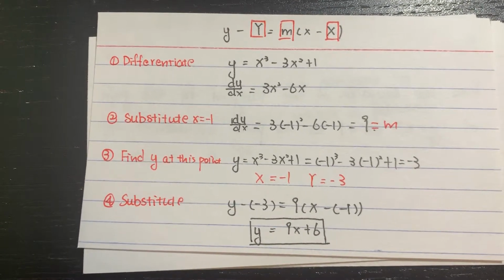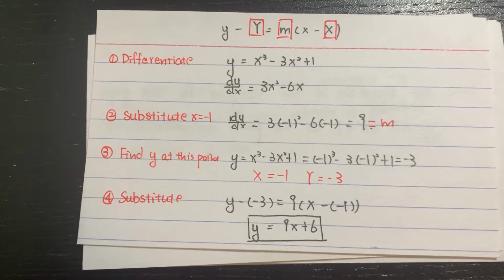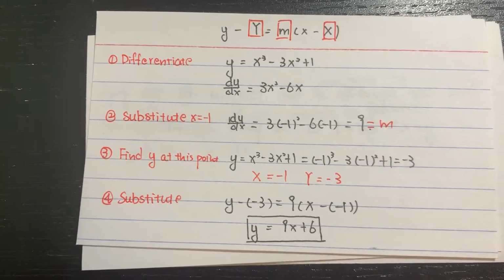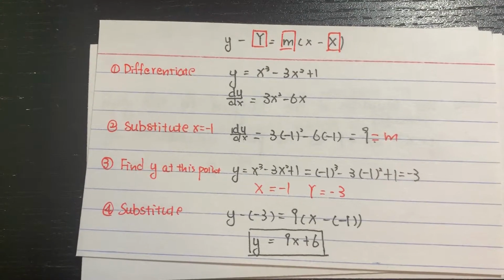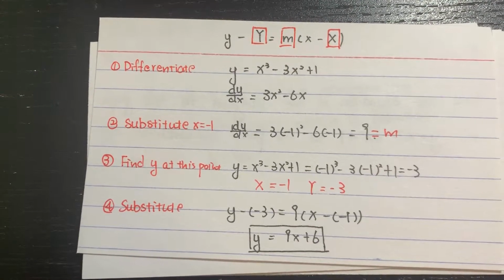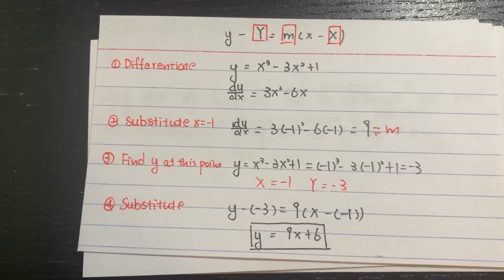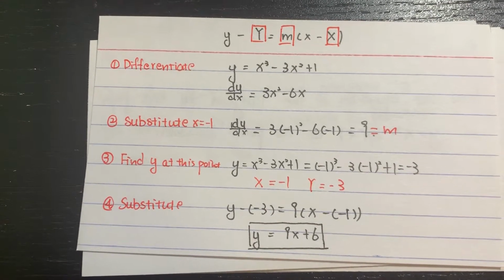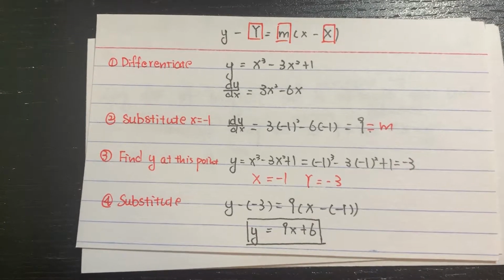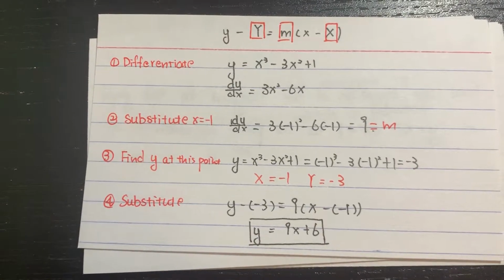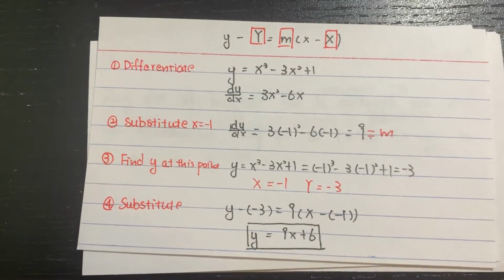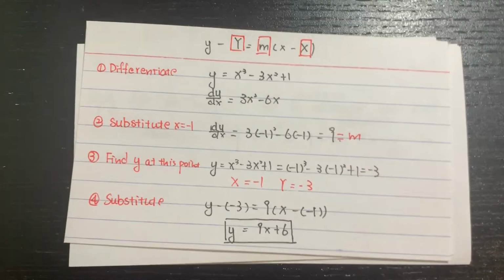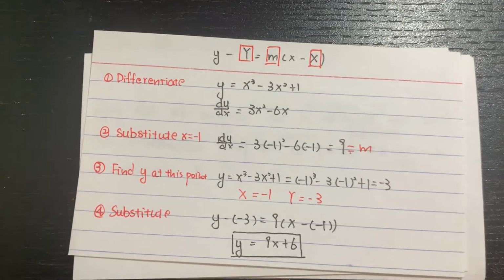Be careful, here it is not the derivative but the original one. So you find the coordinates X and Y, which are the capital ones. Now you have m, which is 9, X is -1, Y is -3. You substitute them back into that first equation and you get that the function for the tangent is y equals 9x plus 6. So use the formula on the top, and remember that you have to find 3 values in order to find the equation.